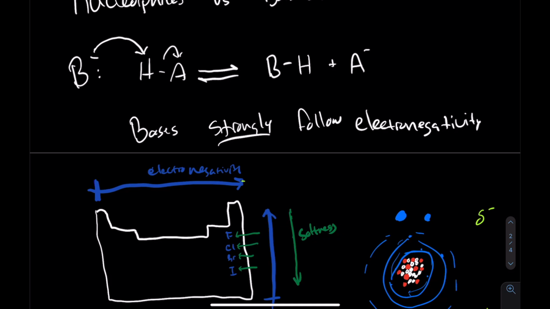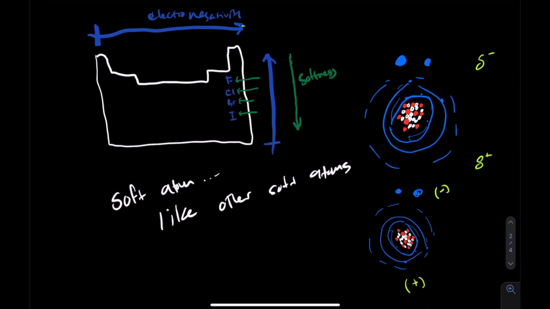And so a good base will also be really hard. It will not polarize, which is why good bases tend to be these smaller, more compact atoms. Bases just go after a positive charge. The harder it is, the more they attack it. So hard bodies like hard bodies, and soft bodies like soft bodies.